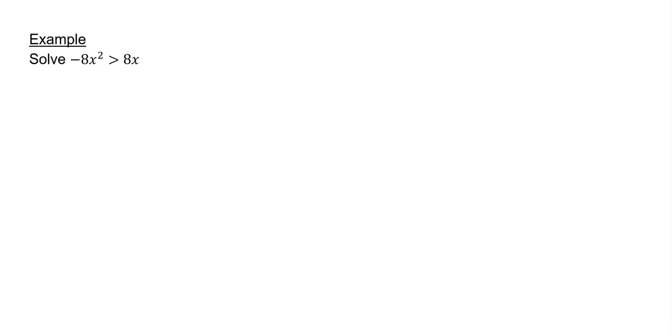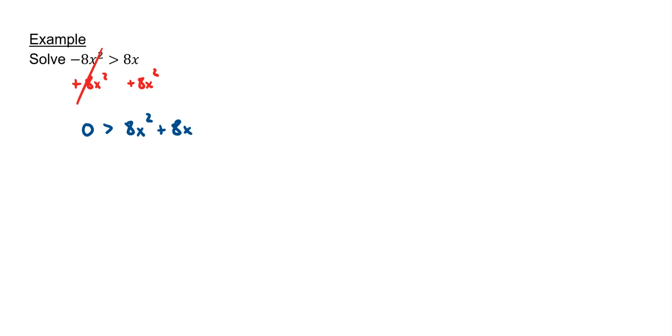Let's get everything on the same side of the inequality, so 0 is on the other side. This time, we have a -8x squared. We want that leading term to be positive, so let's actually add this to the right-hand side this time. So that's going to be 0 greater than, I'm just going to write this with the x squared term first, 8x squared plus 8x.